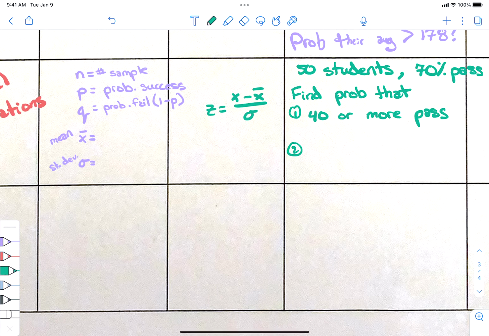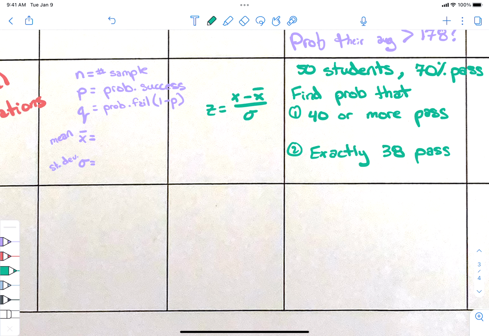Number 2, we're going to do exactly, I don't know exactly how many. 35. Well, that's what 70% of 50 is. I was trying not to use 35. Let's say exactly 38 pass, just because I don't want to confuse them by using the same number. Does that make sense? Okay. Exactly 38 pass. All right.